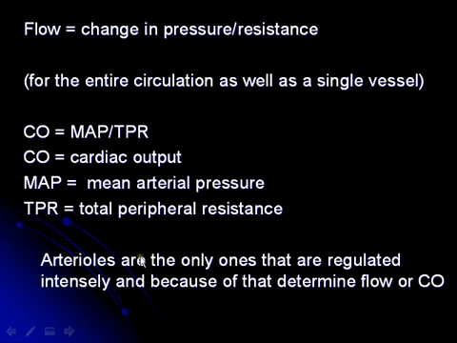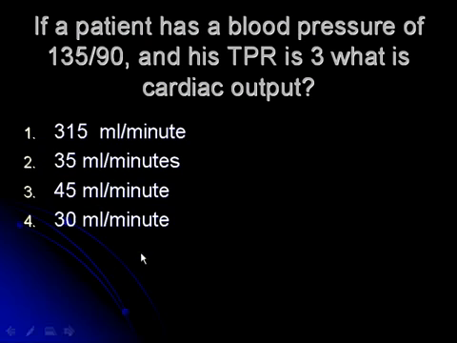Yep. So if a patient had a blood pressure of 135/90 and their TPR is 3, could you figure out their cardiac output? You could. What equation are you going to use? Cardiac output is equal to blank. What's the blank? Mean arterial pressure divided by total peripheral resistance. But they didn't give us mean arterial pressure. So are we lost on this one?